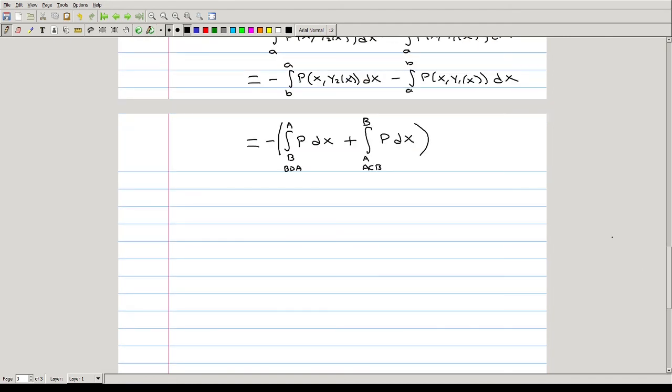And so the sum of these two line integrals is the closed loop line integral, or the closed line integral over the entire path C, capital C, of P dx.